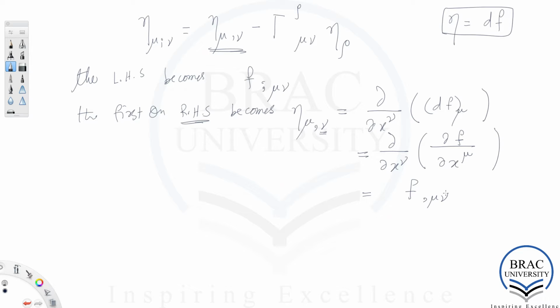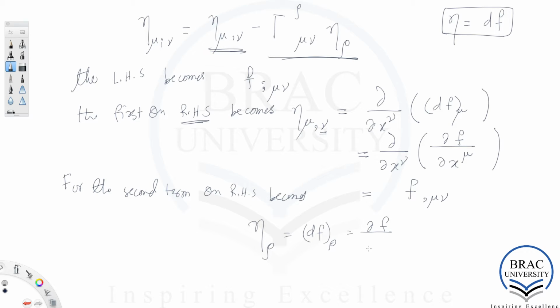For the second term on the right hand side, for the special case of eta being equal to df, eta rho is df, and this component of this one form is the partial derivative of f with respect to x rho, which is just f comma rho.